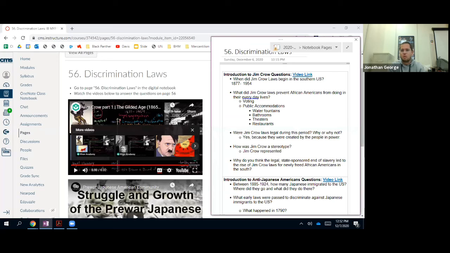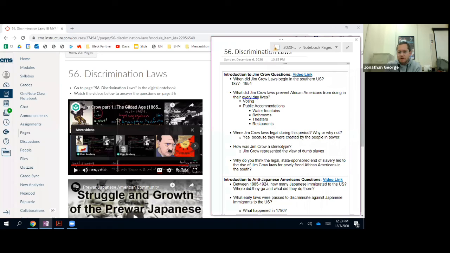Okay. Now, was the creation of these laws just a coincidence or intentional following the end of slavery? Why do you think intentional? Yeah, it's all about control, maintaining that power, right?